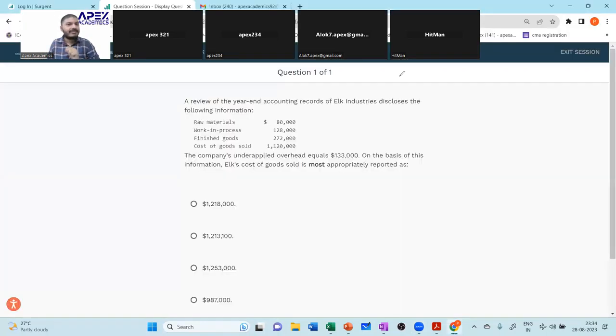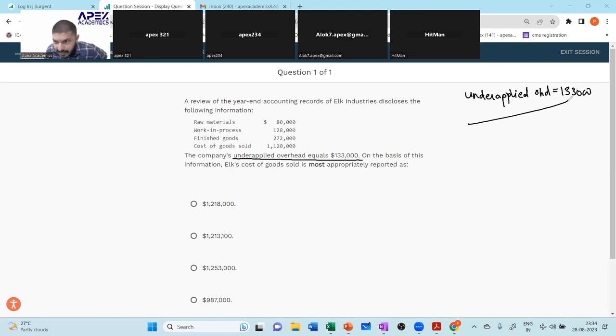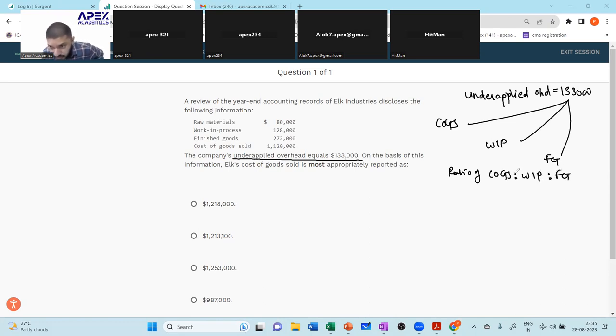Now come here. What are they saying? What is the under applied overheads? 133. This has to be allocated to COGS, WIP, and finished goods in the ratio of COGS to WIP to finished goods.